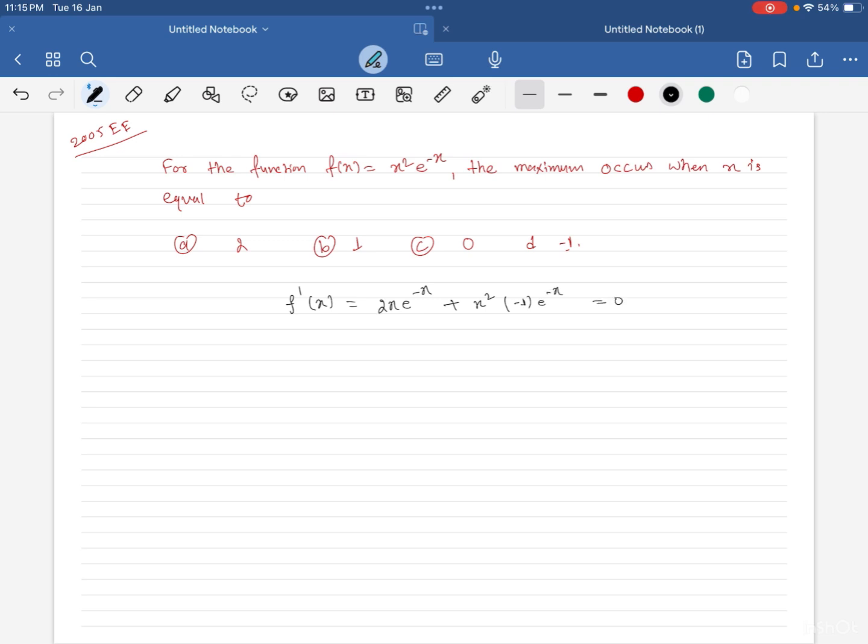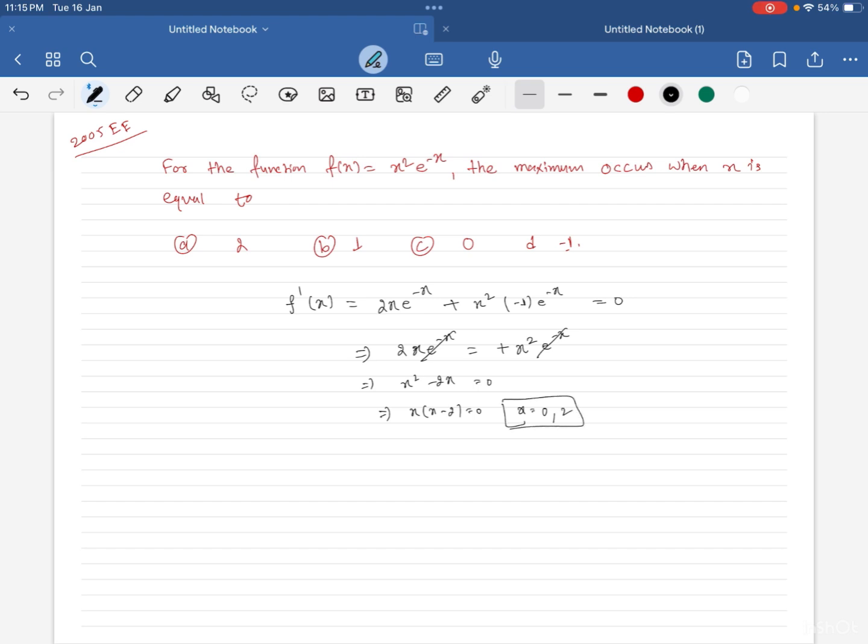We can equate it to 0. So from here we will have 2x e to the power minus x plus x square e to the power minus x. This will get cancelled. That means x square minus 2x is equal to 0. From here we will have x equals 0, 2.